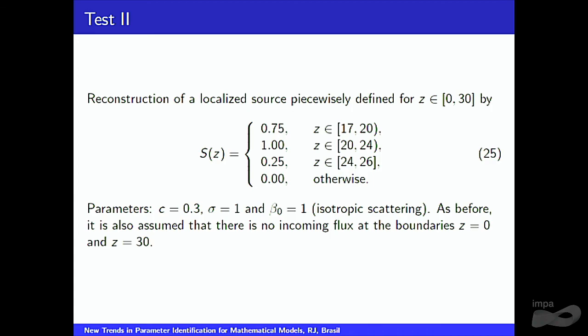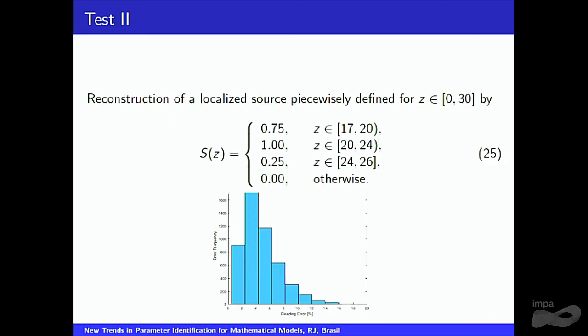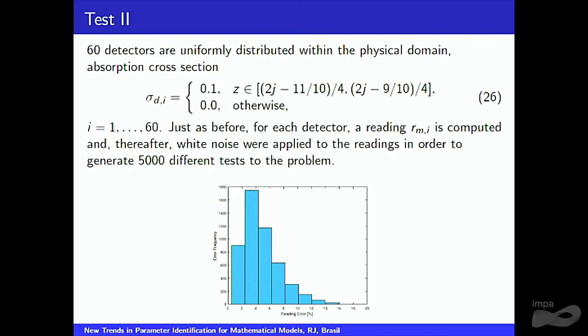Then we consider a localized, piecewise defined source, again with some different parameters. Now the domain has thickness 30. We also consider the absorption in the detectors piecewise defined, and we distribute 60 detectors in this domain.